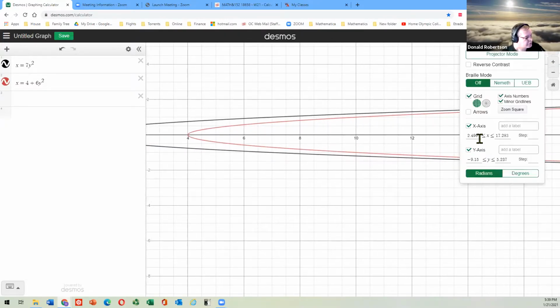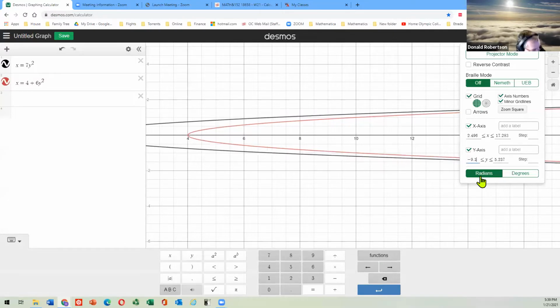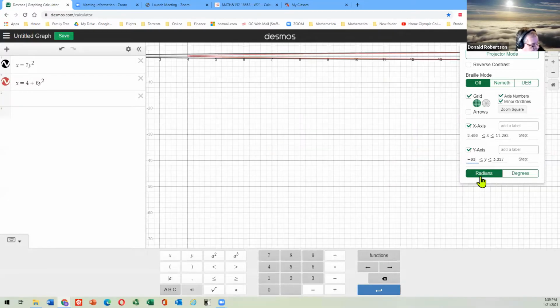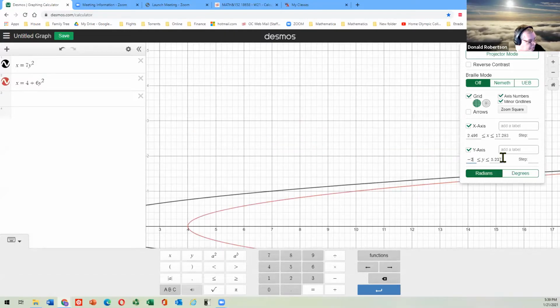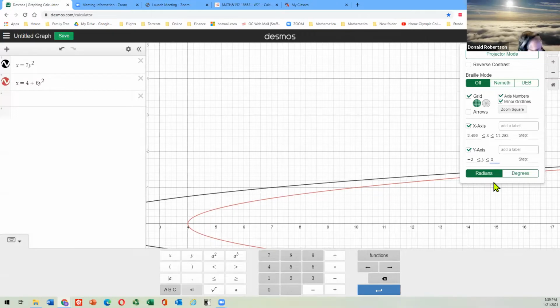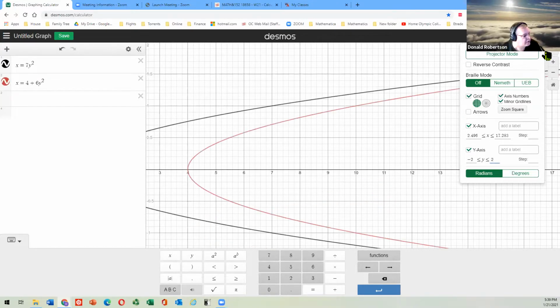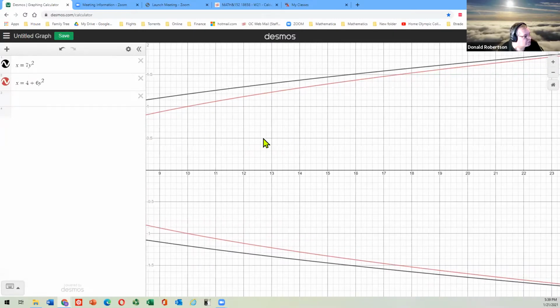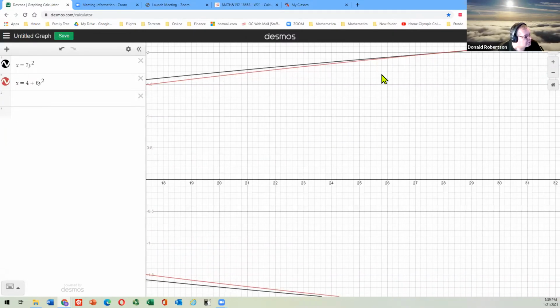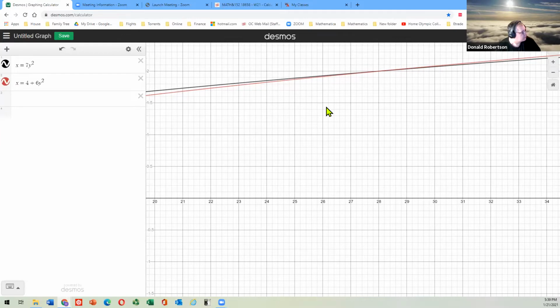Okay, so I'm going to make this one -2 and this one 2, and hopefully I'll be able to see the darn thing. Okay. Something not right here.